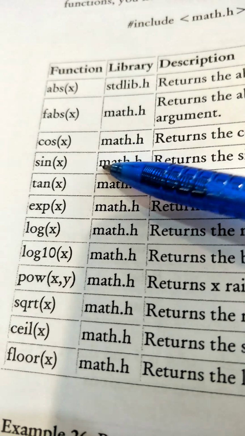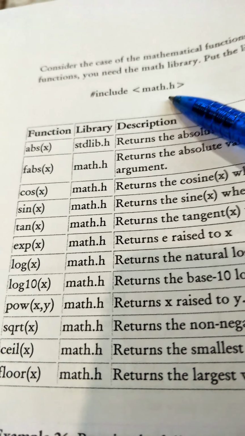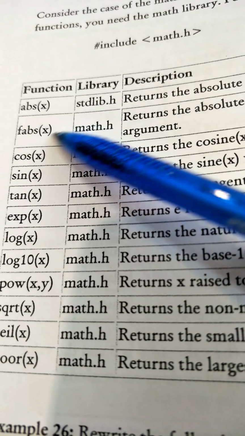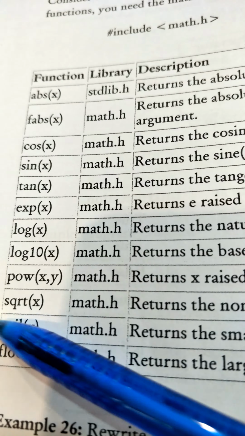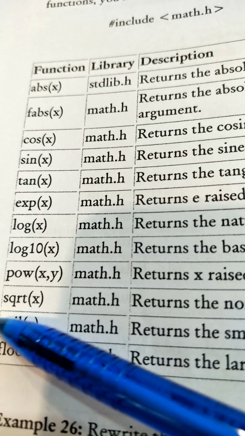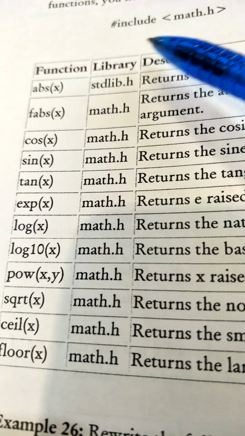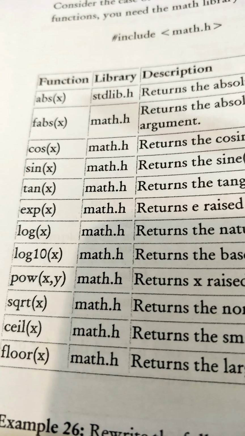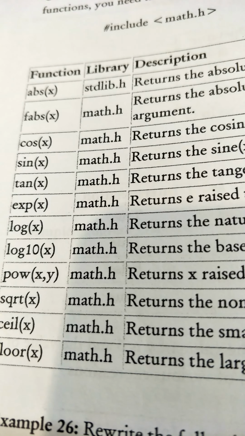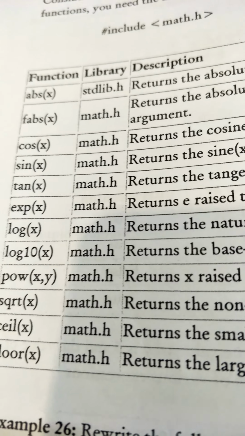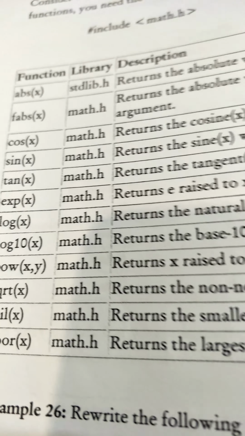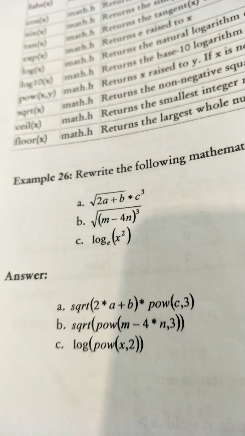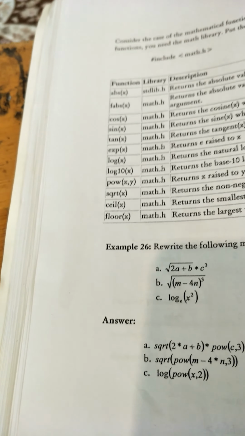If you don't put this include math.h, when we want to use this, the compiler might not understand what this is. So that's the important part. It means this is the link between your program and the already built-in subroutine or subprogram in C.